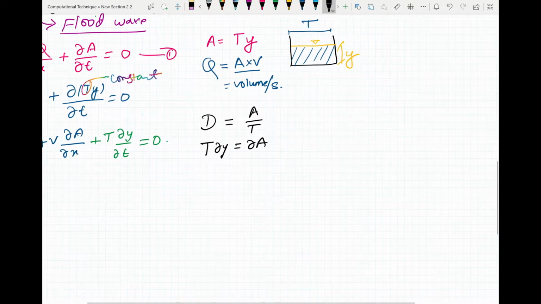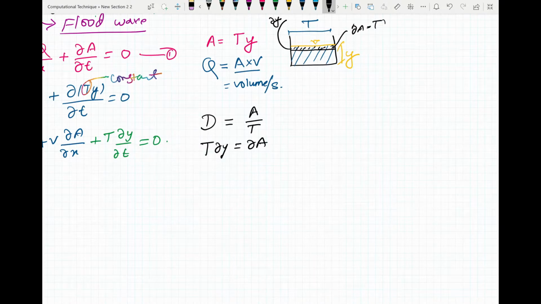So here, if this was a small depth dy, then your flow area will be given by t times dy.